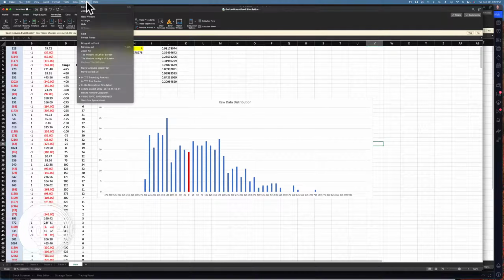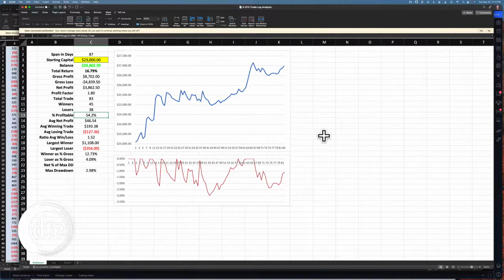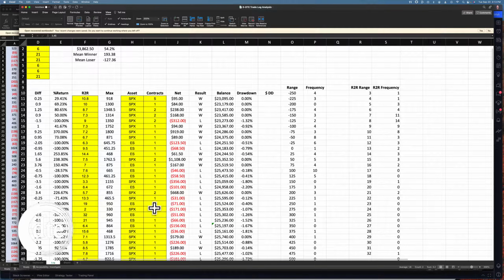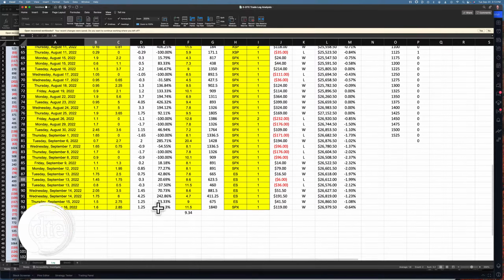Hold on. This is my actual trade log. I have to add this trade now. It'll probably bring me close to an all-time high on this account. But let's see. These are all my trades. There's about 80-something of them.